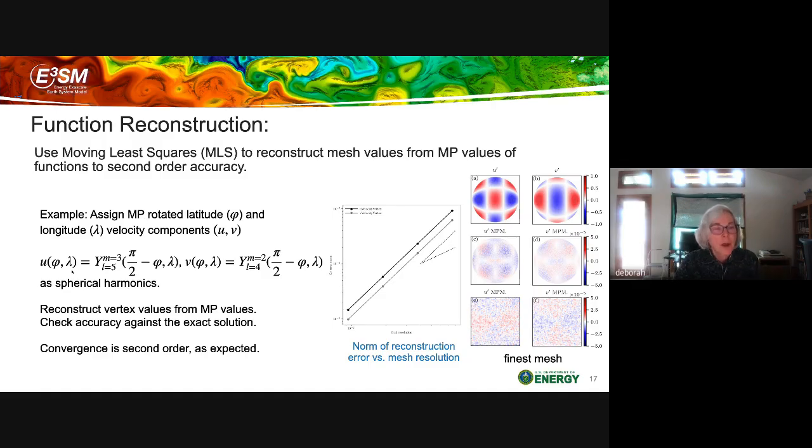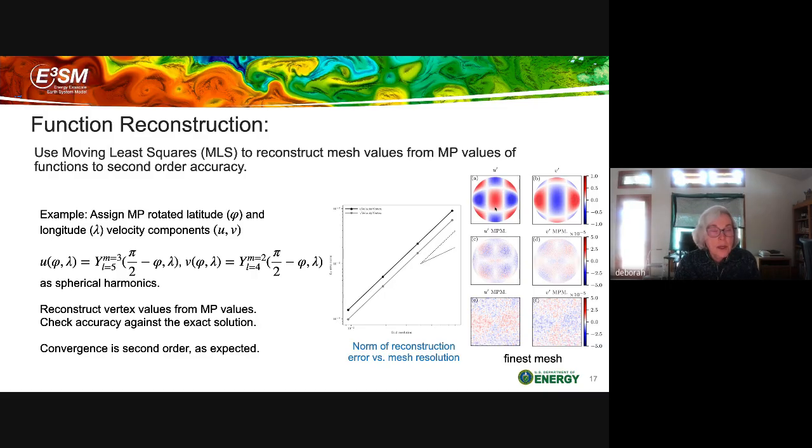For the longitudinal component and latitude component, we prescribe different spherical harmonics. And they're shown over here on the right, on the top, the U and V components. And so those are assigned to the material points.